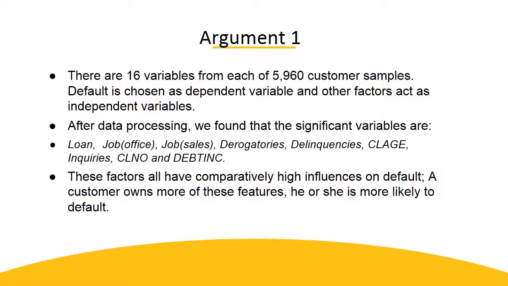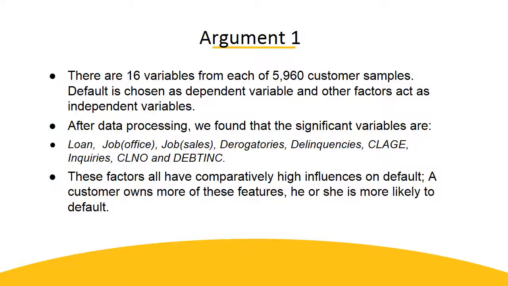So here are our arguments. The first: because there are 16 variables, from the samples, default is chosen as the dependent variable and the other factors are chosen as independent variables.